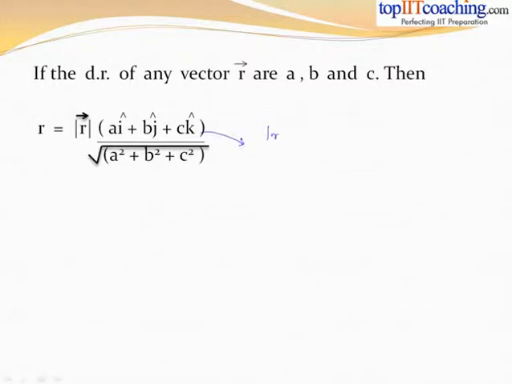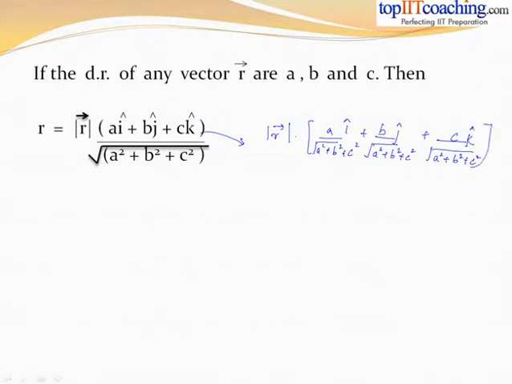modulus of vector R into a by under root of a square plus b square plus c square times i cap plus b by under root of a square plus b square plus c square times j cap plus c divided by under root of a square plus b square plus c square times k cap.